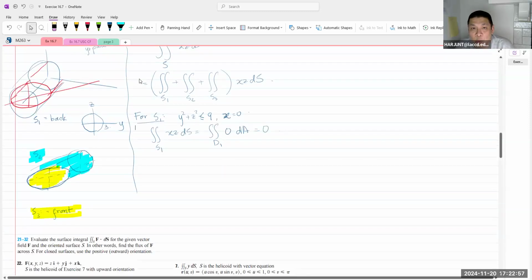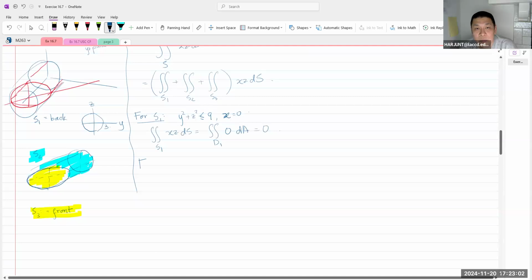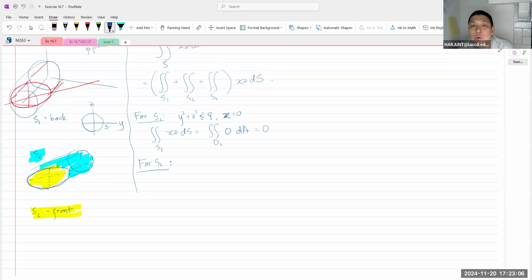For S2, it's more challenging. For S2, we need to parameterize y squared plus z squared equals 9.